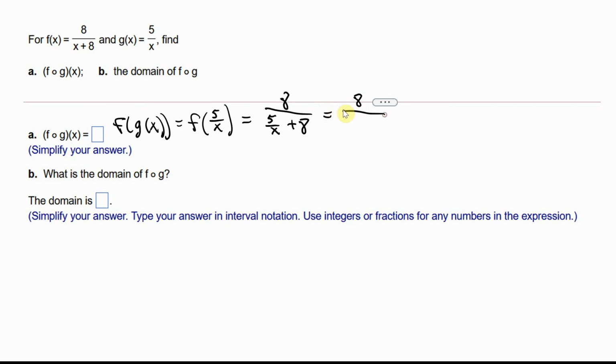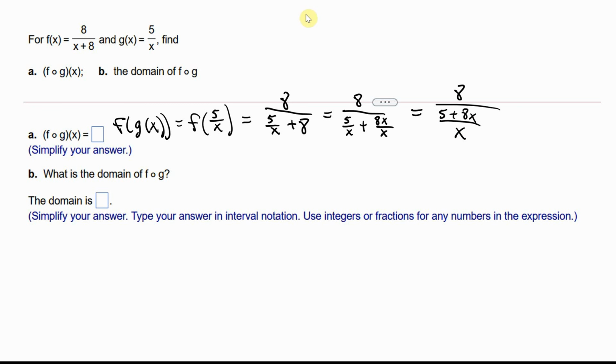So this is 8 all over 5 over x plus 8. We're adding two fractions, I have to have the same denominator, so this is 8x over x, right? So this is 8 all over 5 plus 8x divided by x.